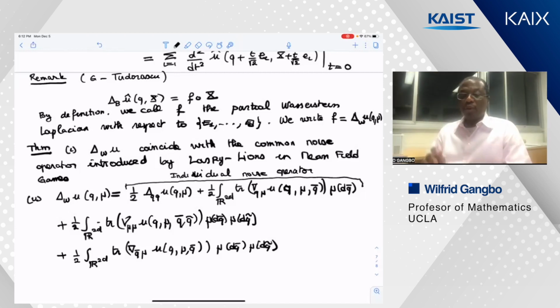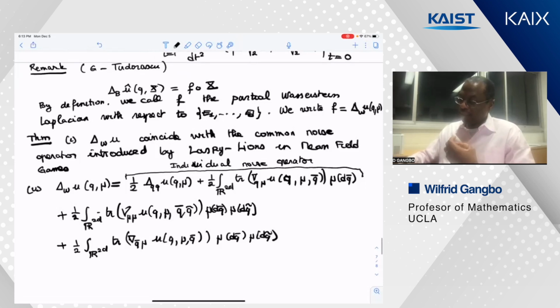So the individual noise operator can be obtained from the common noise operator. So the common noise operator is split into two parts. One part which produces regularity, which is the individual noise operator, and one part which destroys regularity, which is the common noise operator.